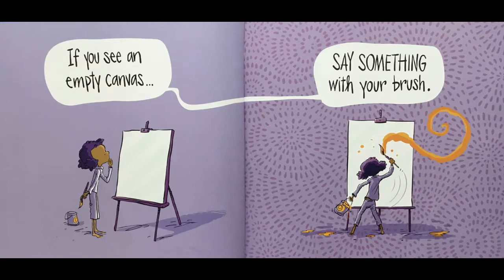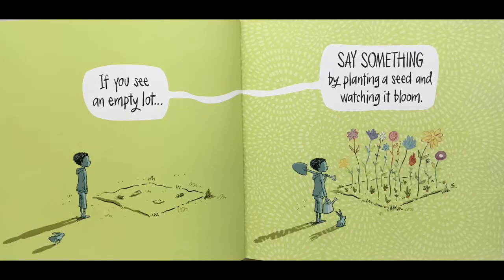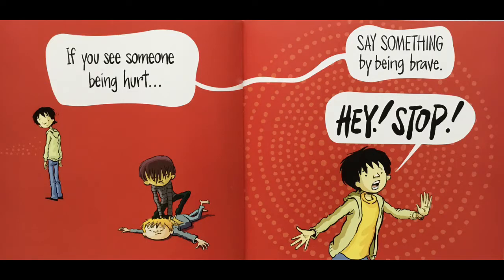If you see an empty canvas, say something with your brush. If you see an empty lot, say something by planting a seed and watching it bloom. If you see someone being hurt, say something by being brave. Hey, stop!